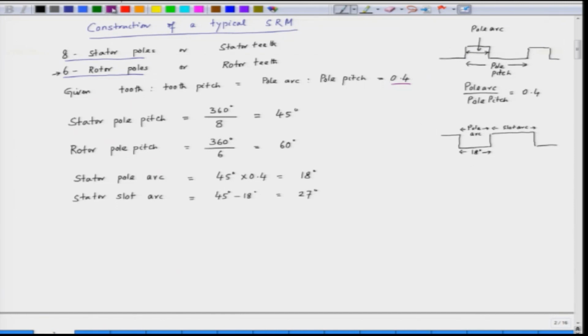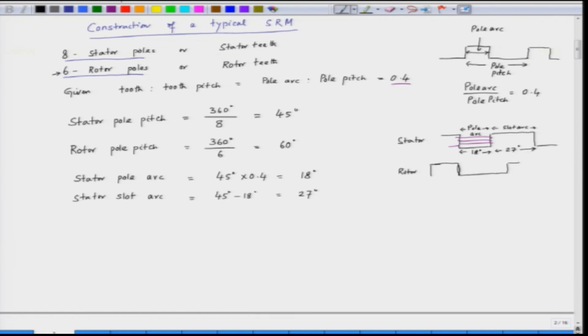We have the windings here, winding from the stator, and the rotor is somewhere here below this. The rotor also has a slot structure. This is the stator and we have the rotor here, and the stator slot arc is 45 minus 18 degrees. So, this is 27 degrees.